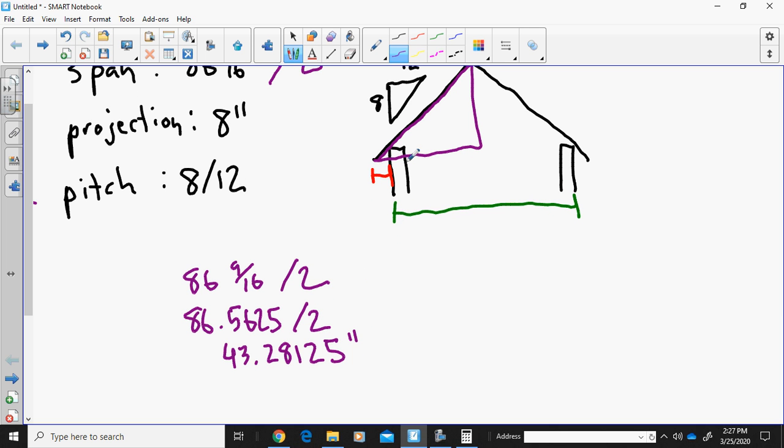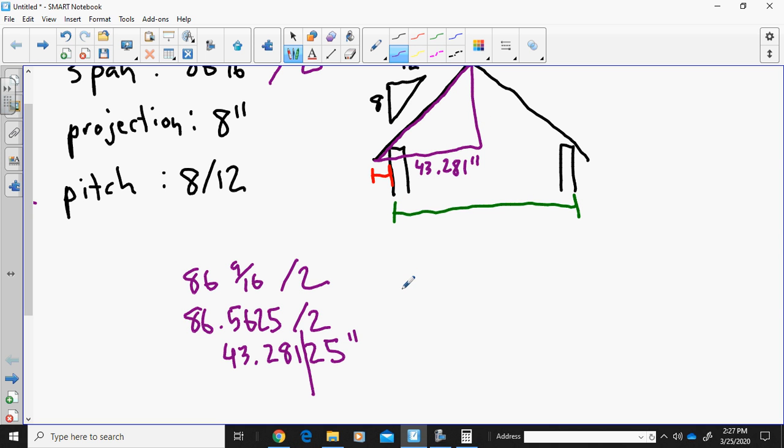Alright, and that is this distance along the bottom. So 43 point, if we round to the nearest thousandths of an inch, will be accurate enough so that 2 won't affect the 1 at all. So 43.281 inches for our run, total run.